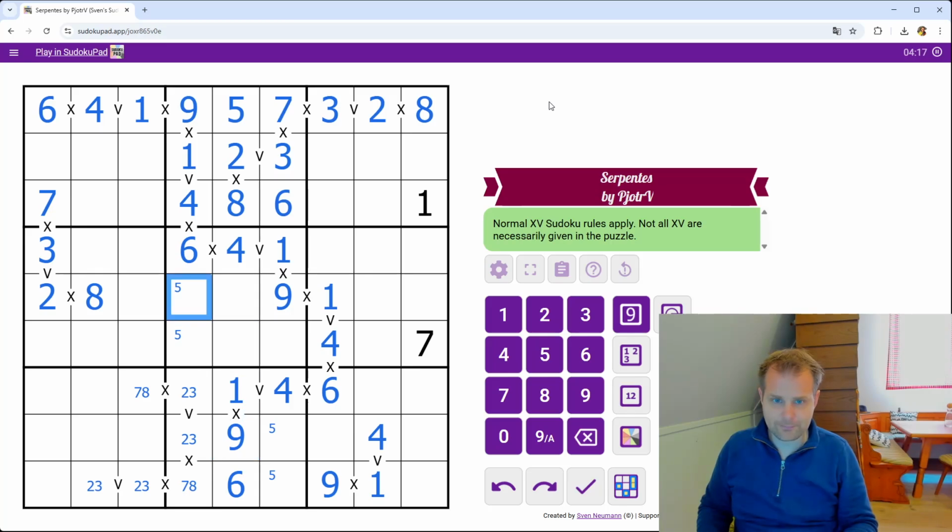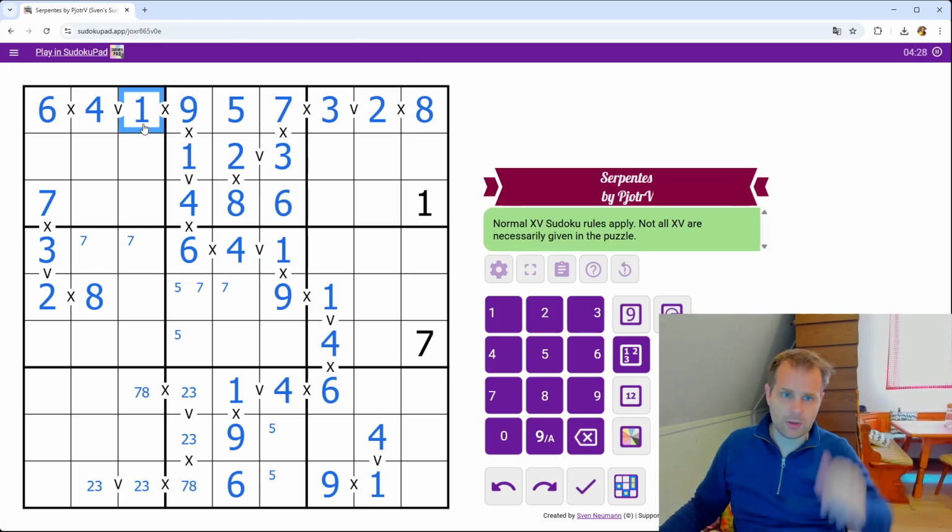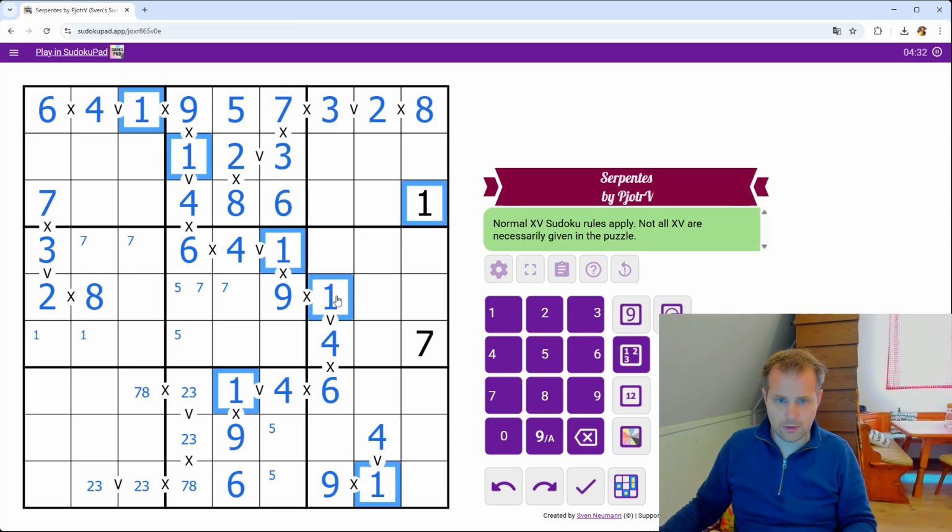Yes, okay. There's a 7 up here, there's a 7 up here. Well, let's go one by one. We have the 1 is somewhere here, we have the 1 is somewhere here. Those are the 1s, these are 2s.